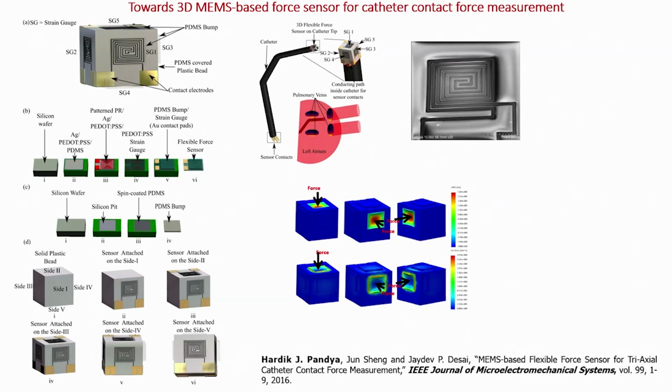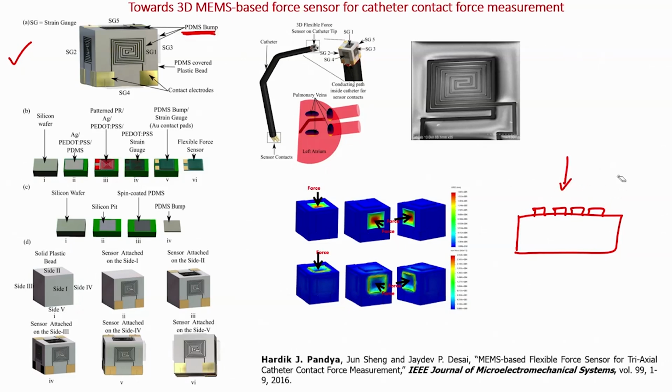Now, if you look at this force sensor, what do you see here? There are 5 strain gauges, right. Then on each strain gauge there is a PDMS bump. Why are we using a PDMS bump? Because if I have a strain gauge, let us say like here, and I want to apply pressure, I do not know whether it will be here or here or here.